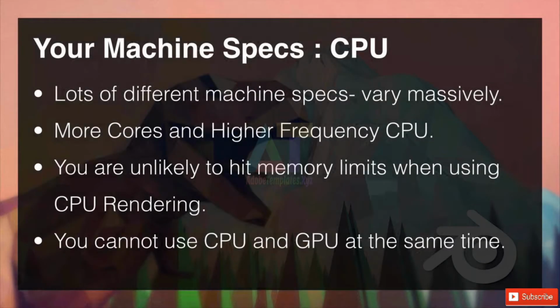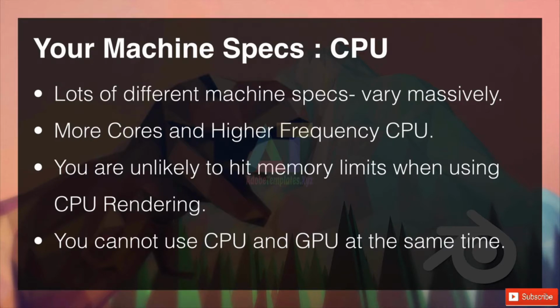Now, the main thing that's going to determine your render speed is your machine specs. So let's have a look at the CPU at the moment. Now, just like graphics cards, there are going to be a lot of different machine specifications. They're going to vary massively across every one of you guys taking the course here. The simple rule is the more cores you have and the higher the frequency of your CPU, the better.